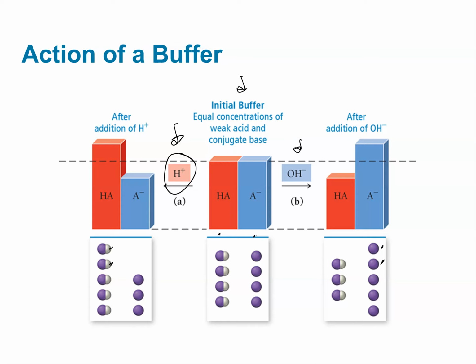And that's what we're seeing here: that deprotonation of the weak acid and the production of more conjugate base. Because of that, we're going to see a slight increase in the concentration of our conjugate base, and the pH is going to go up slightly because we've made a little bit more base, but it's not remotely the pH change you would see if we'd just been adding free hydroxide to solution.